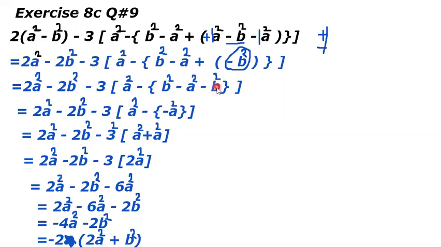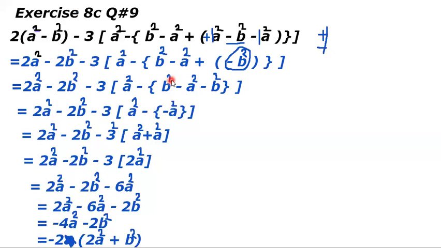When we solve these terms inside the braces, it will give us negative a square, and we will keep negative a square inside the braces. We will not remove the braces because of this negative sign outside the braces. These are very important things, you should keep them in mind.